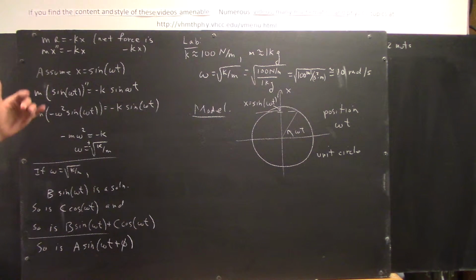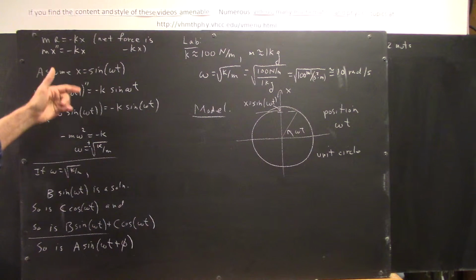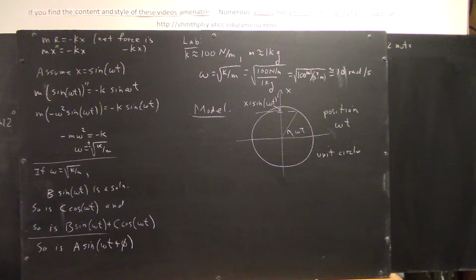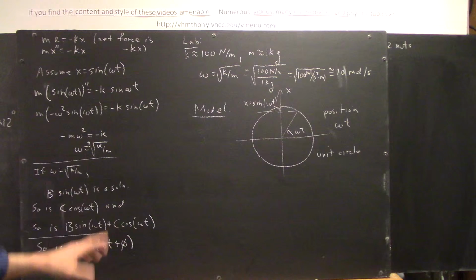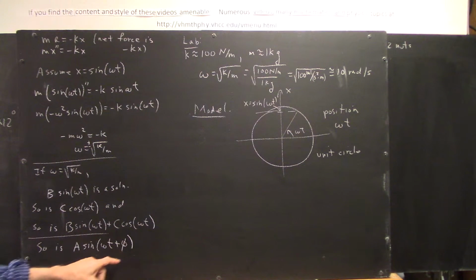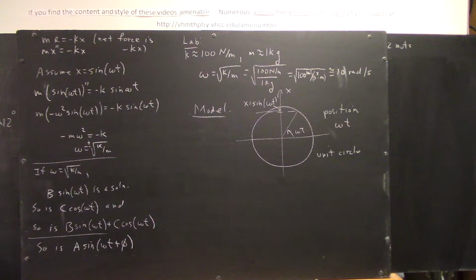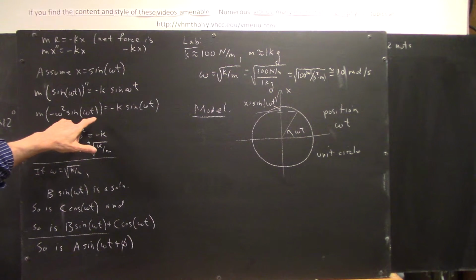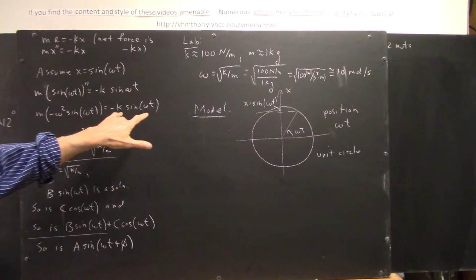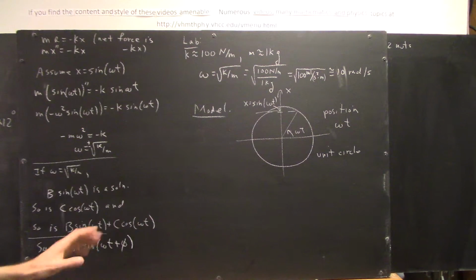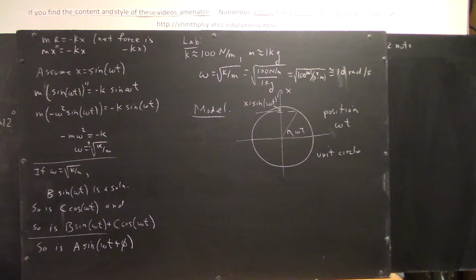So we're still going to get an omega for the first derivative, another omega for the second derivative, and also taking the derivative doesn't affect your innermost function. So we're going to have a sine of omega t plus phi here, and a sine of omega t plus phi here. We divide them out, we still get the same thing.